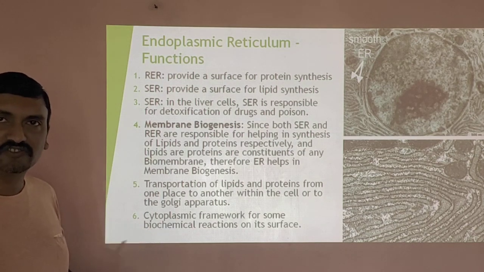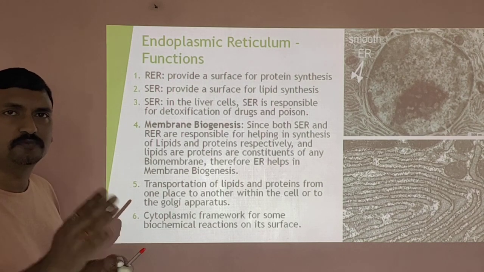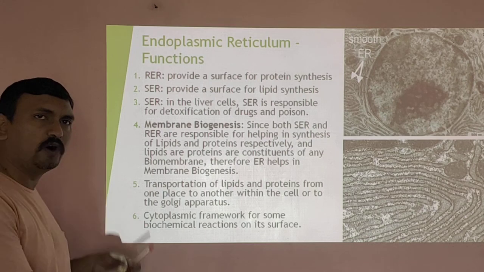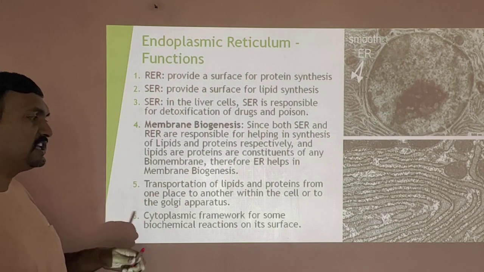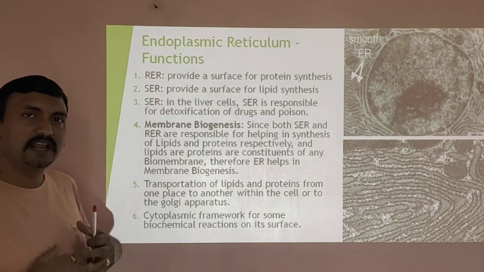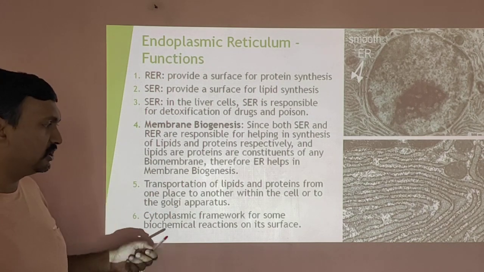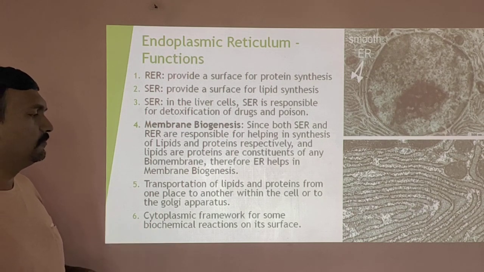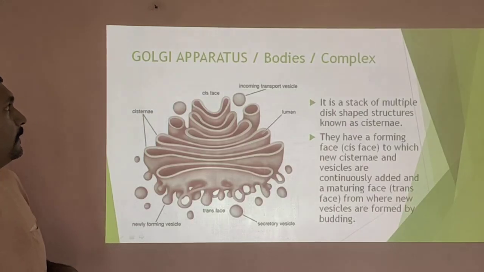These are tube-like structures, so one common function is to carry out transportation within the cell from one organelle to another organelle. Cytoplasmic framework: since it spreads out through the cytoplasm, it acts like a framework for the cytoplasm where some biochemical reactions can take place on its surface.